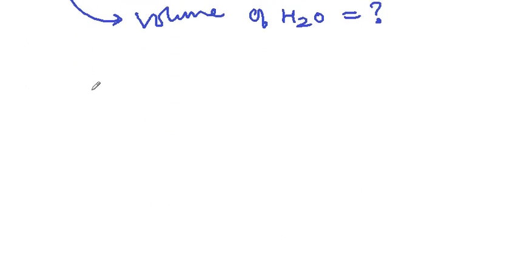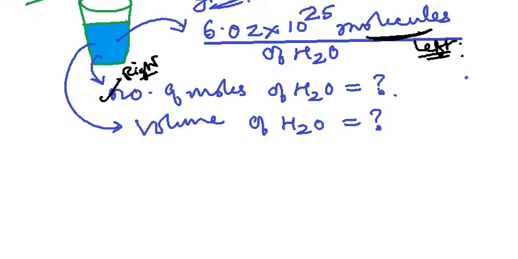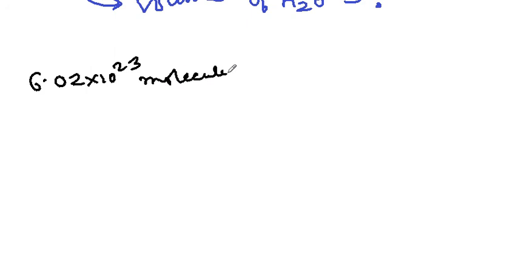So we are given the molecules, so we're going to write the molecules on the left hand side. 6.02 into 10 to the power of 23 molecules of water is 1 mole of water.